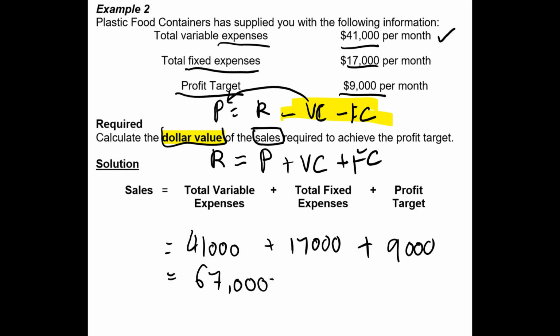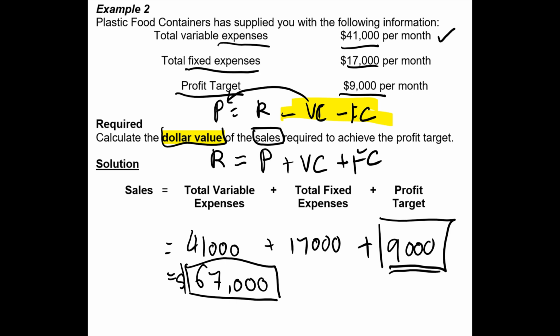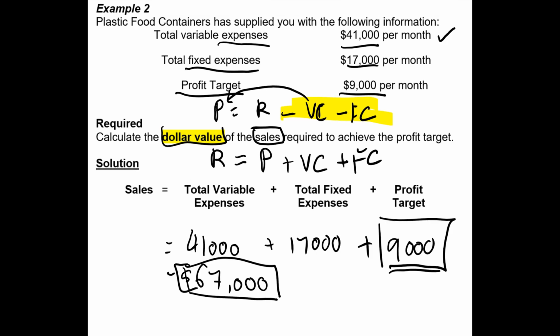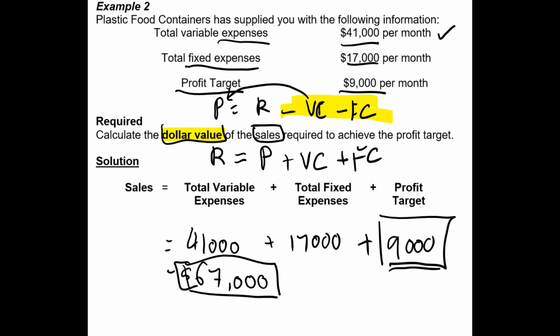Which means that in order to achieve a target profit of 9,000, I need to make sales of $67,000. So this is how you calculate the target sales.